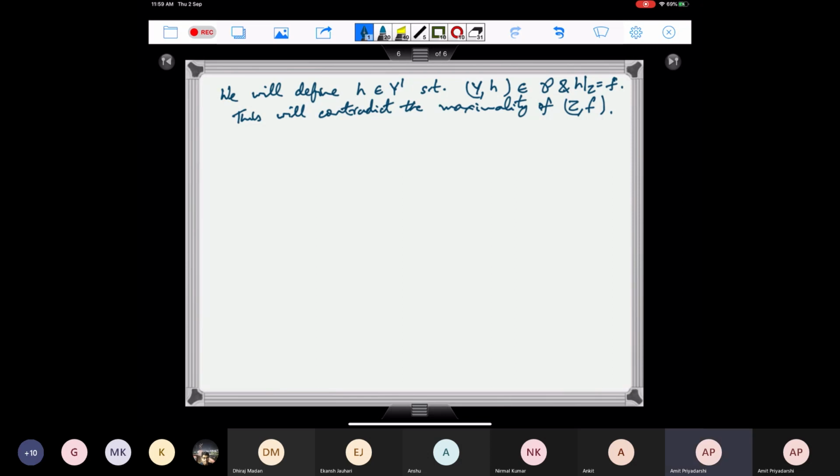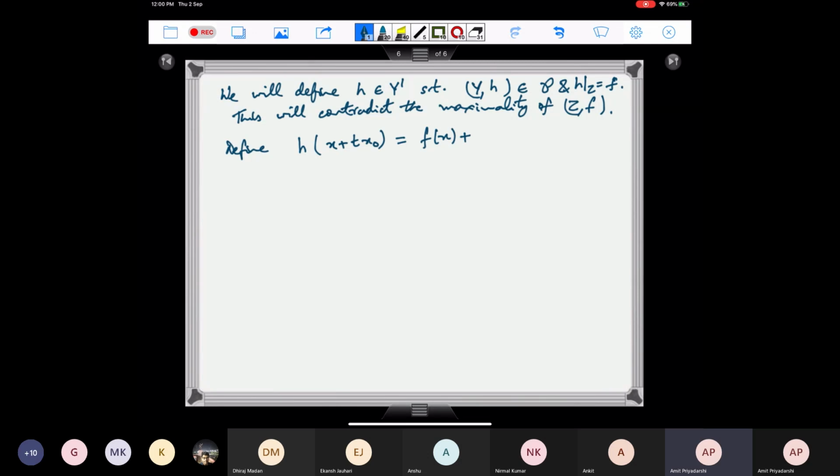So we need to define a linear functional. Any element in Y is of the form x plus t x naught. So h of x plus t x naught, because I want it to be linear, has to be equal to h of x plus t times h of x naught. Since x is in Z, h of x we want to be equal to f of x, plus t times h of x naught.